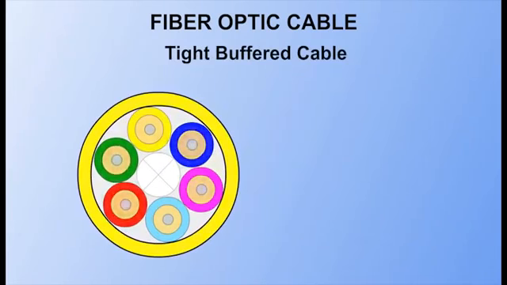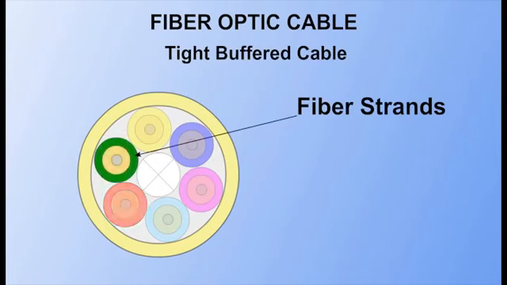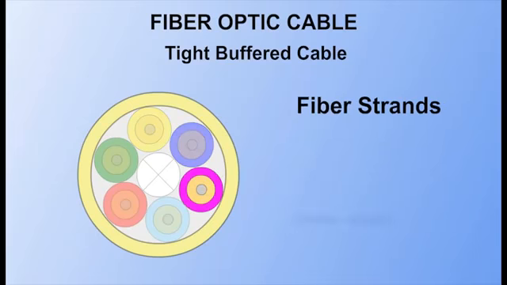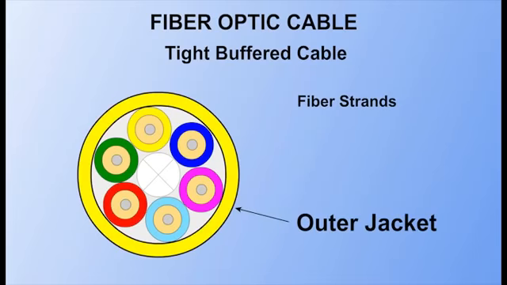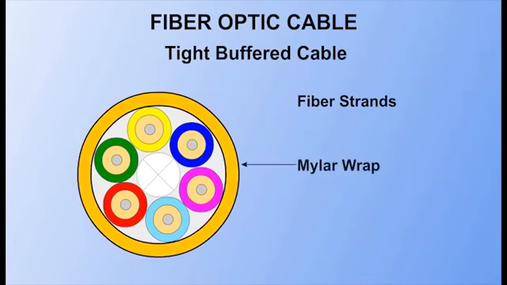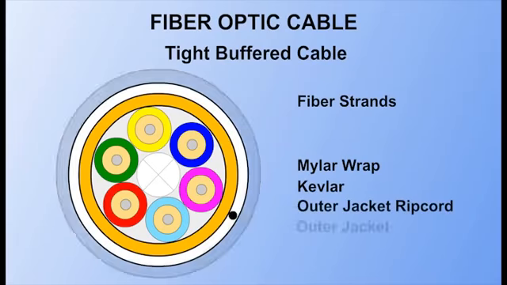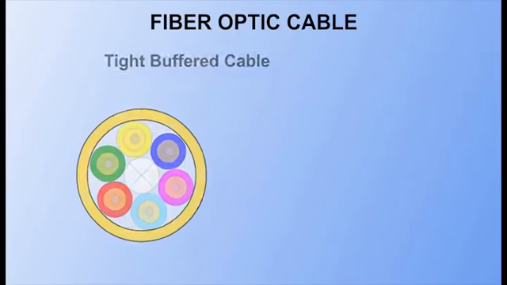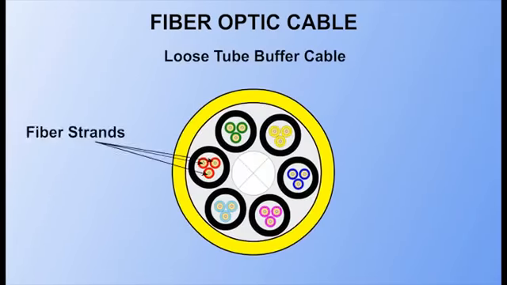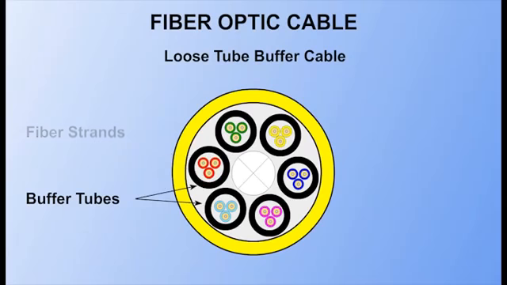A tight buffered cable consists of one or more bundled fiber strands covered by an outer jacket. Often the outer jacket contains multiple layers to add structure to the cable and provide water resistance. In loose buffer cables, the fiber strands are contained within buffer tubes, allowing the strands to move freely while also providing additional protection for the strands.